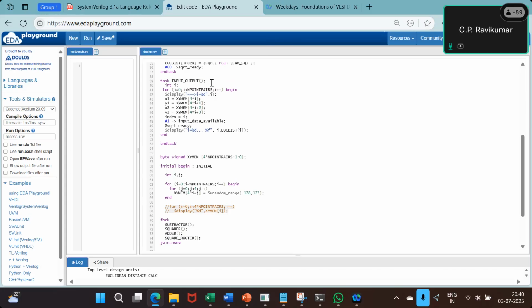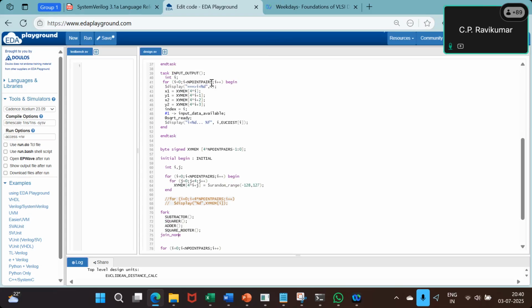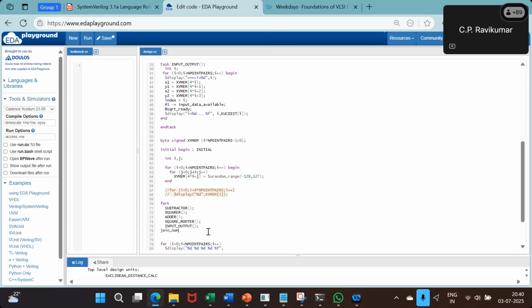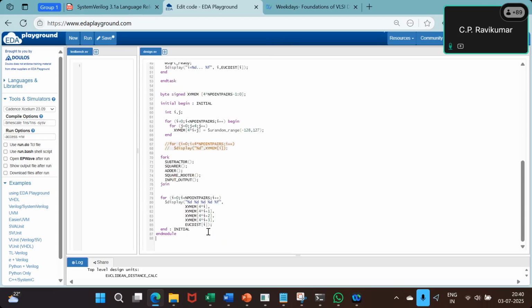And the fourth guy will possibly say input output. And this time we may have to say join, because unless everybody is done, this cannot display.